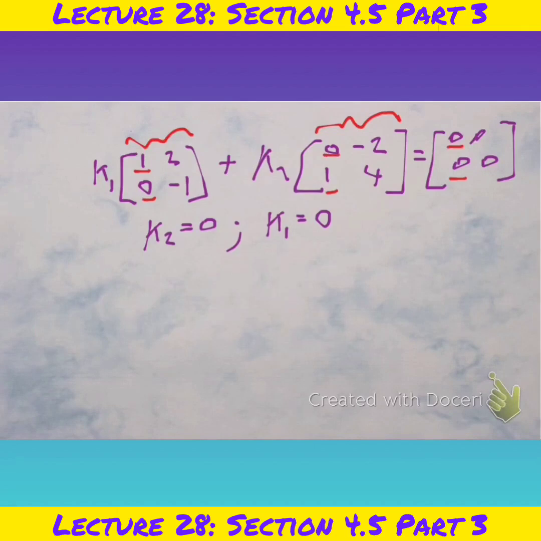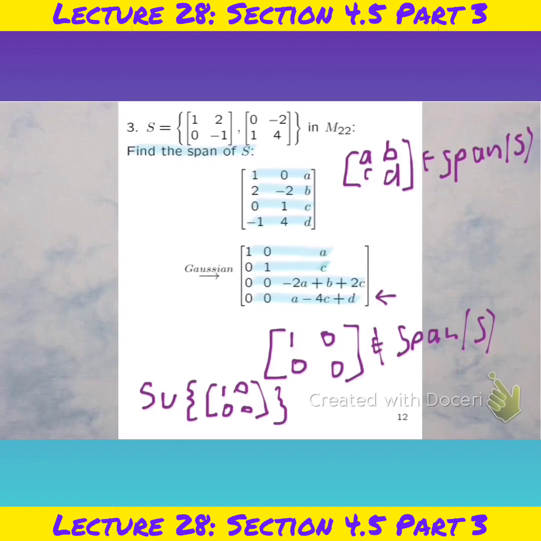So that's a linearly independent set. The plus-minus theorem says that if you have a vector outside of the span of a linearly independent set S, then I can throw that vector into the set S, and I'm still going to have a linearly independent set. So this is a linearly independent set.